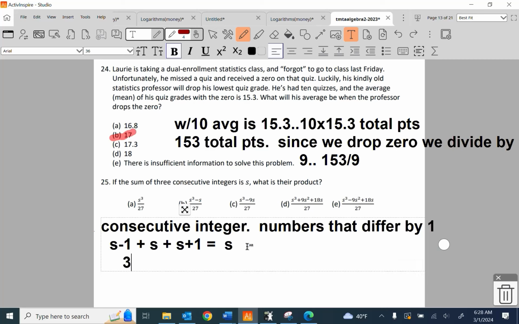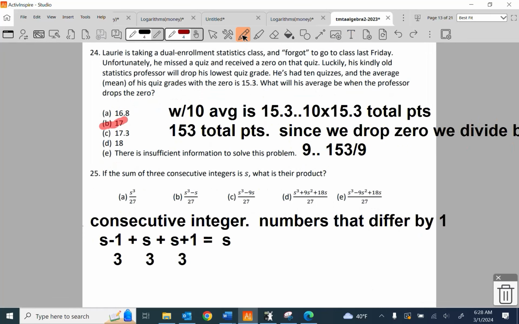The only way that could happen is if they were all thirds. That's the only way it can happen, is if they're all thirds. So that's the deal. That's what I'm working with. And I just don't know of any other way to explain that. But after that, it's a pretty simple problem.